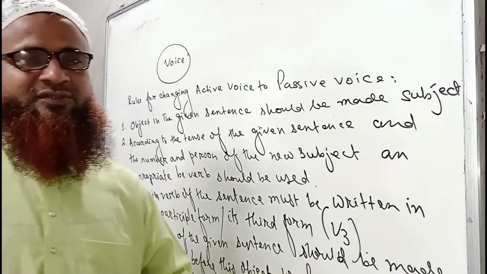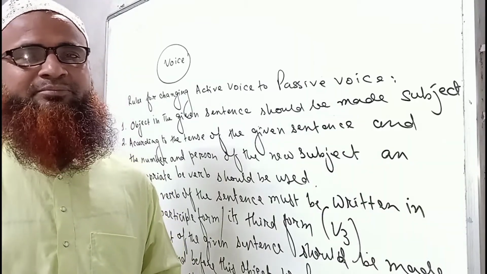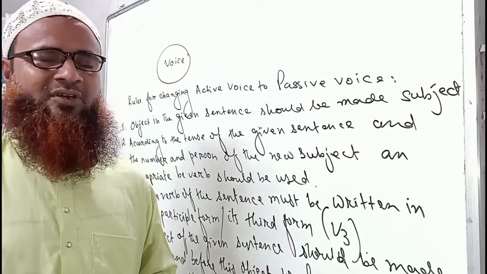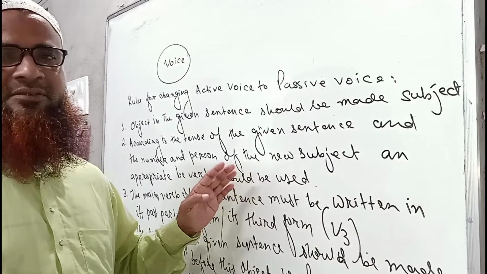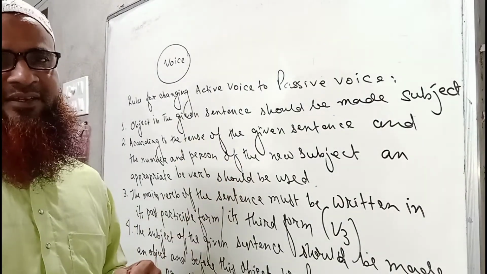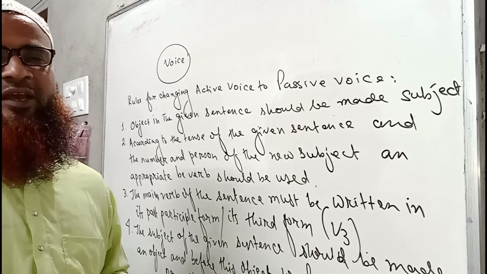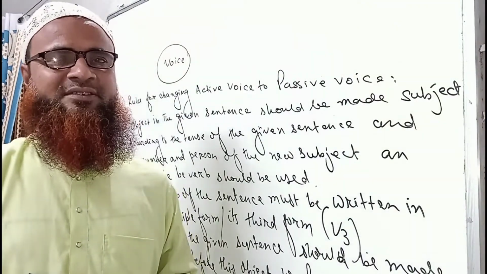Sometimes we use to or with in place of by, according to the nature of the verb. Again, if the verb has 2 objects, then one object will be a direct one, another will be an indirect object.